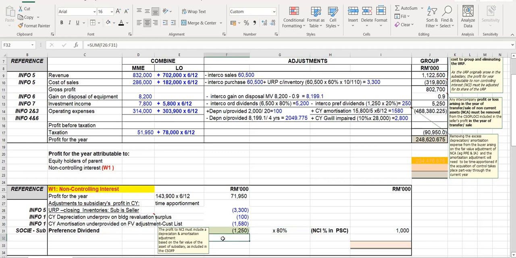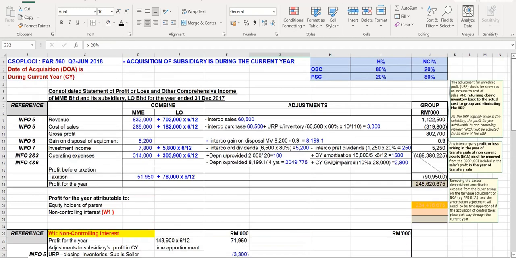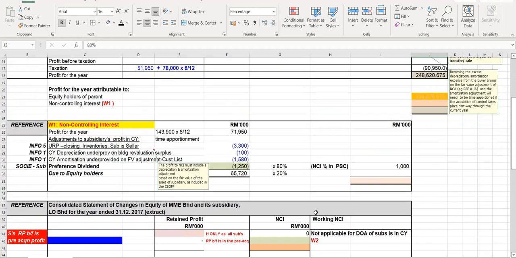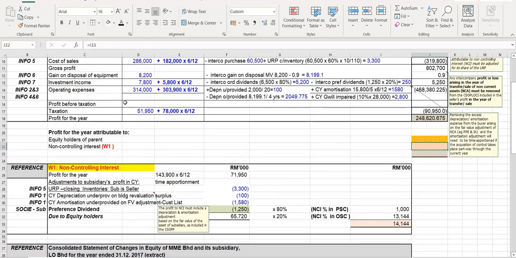It was 80%, and then to find out how much is the profit attributable to the non-controlling ordinary shareholder, it was 20% based on this percentage and this percentage, right? Therefore, that was non-controlling interest for the ordinary shares. You will have 13,144, and the figure 14,144 is the one that will be shown as the amount attributable to the non-controlling interest here.